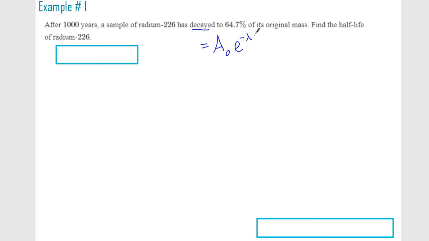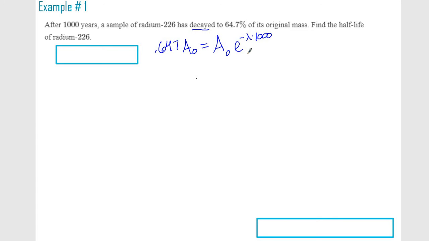And it's after 1,000 years, so we're going to multiply by t, which would be 1,000. And we want this much left over. So if we started with this amount, we want 0.647 of that amount, because that's what we're going to end up with, okay?